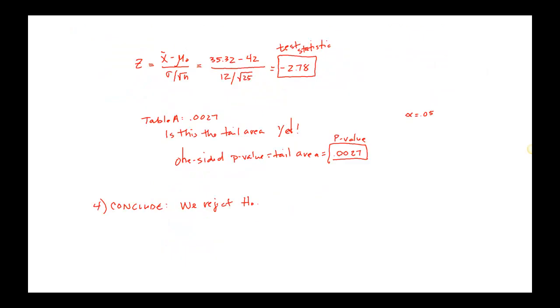So I'm just going to basically rewrite that. We reject H0 and conclude that the mean age of an Online Times reader is less than 42.